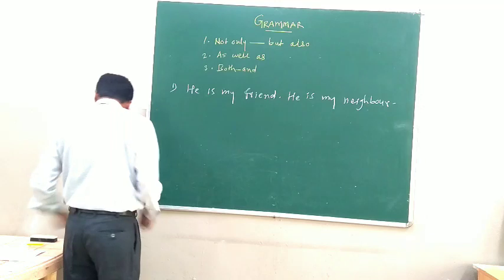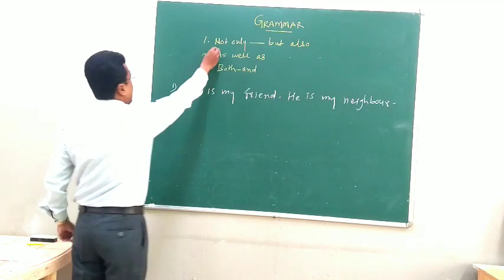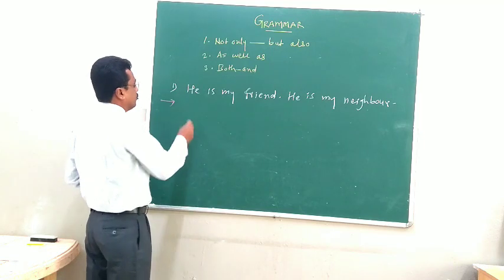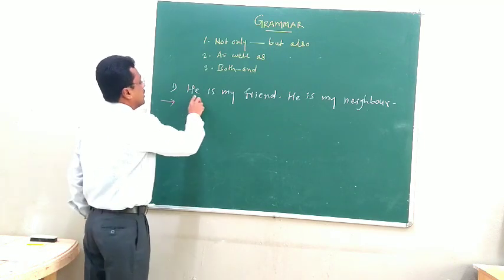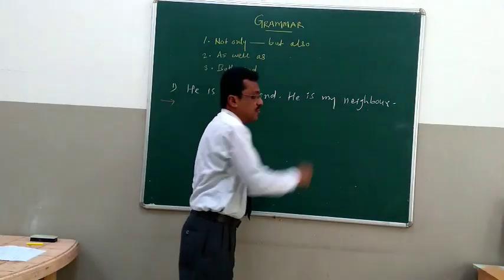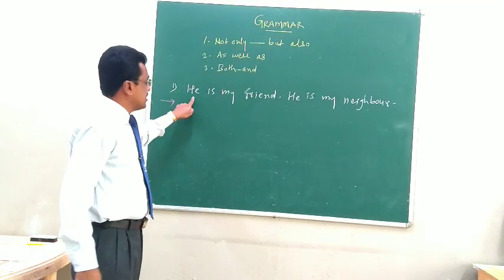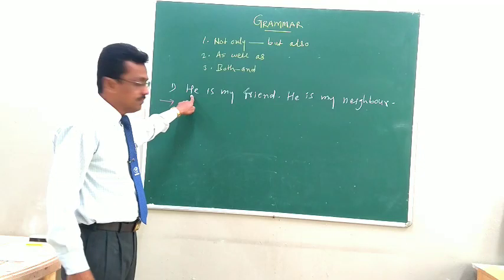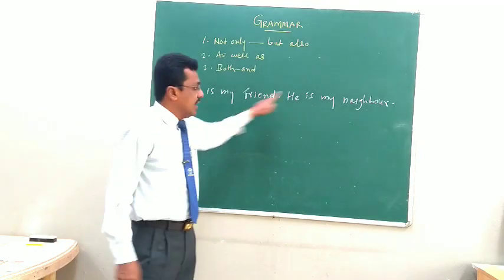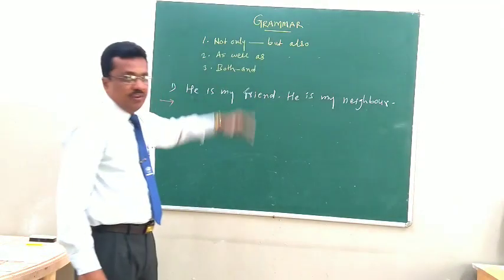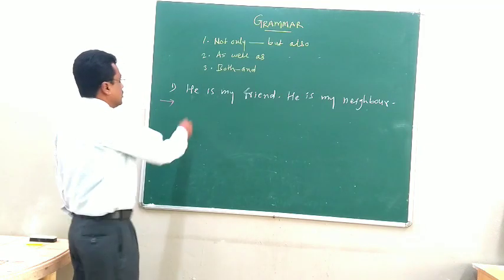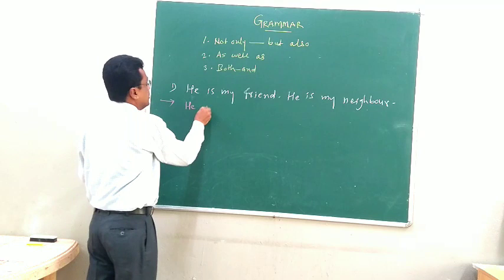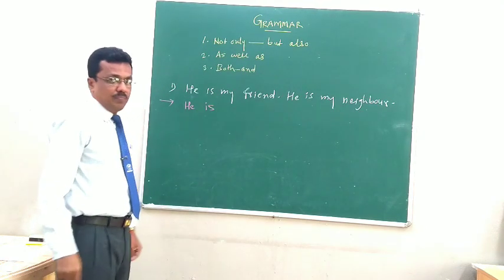The first one is not only but also. So, how to use not only but also? This is the general rule. He is my friend, he is my neighbor. The subject of the sentence is he, it is the same, and friend and neighbor, these two different objects are given. So, he is the subject, and you have to write is as the helping verb.